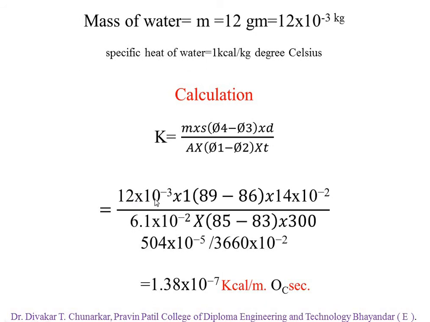So 12 into 10 to the power minus 3, this is the value of M. S value 1, theta 4 value 89 minus theta 3 86, into 14 into 10 to the power minus 2, this is the value of D. D means distance between two thermometers. Then A 6.1 into 10 to the power minus 2, into theta 1 85 minus theta 2 83, into t being 300 seconds.